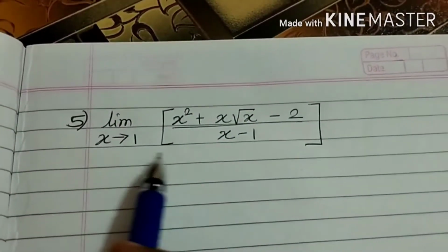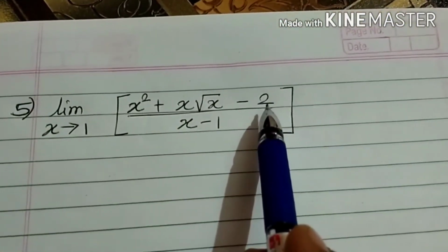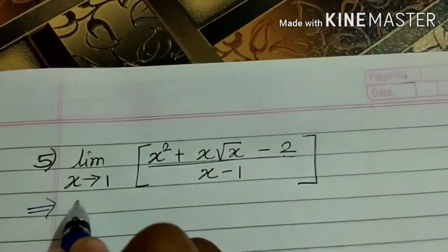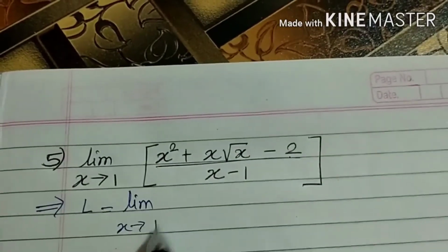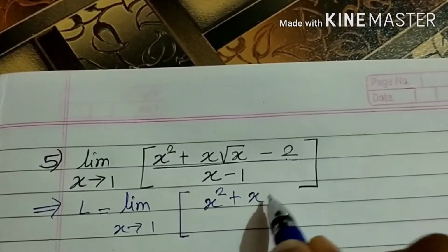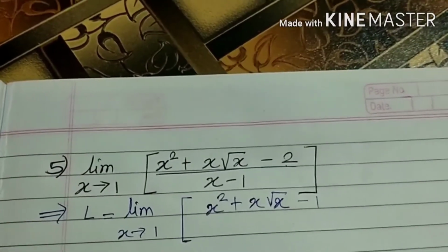Now next example, it is quite different. Here we have to split minus 2 as minus 1 plus 1. Okay. So first take it L, limit x tends to 1, x square minus 2.